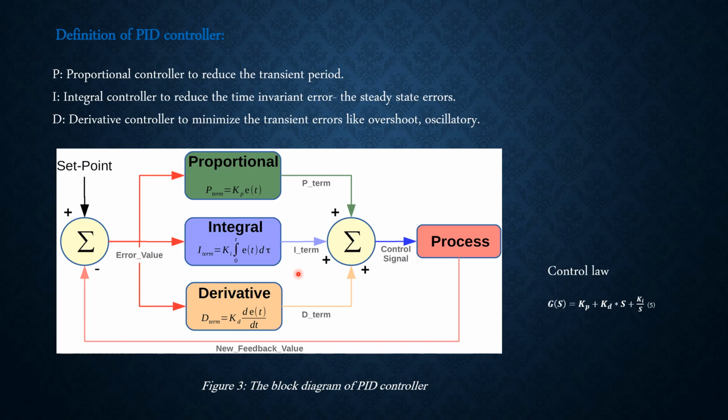PID controllers are widely used in various fields, from temperature control in ovens to speed control in motors. Here we have the control law, which we can see here, and this control law is used at various points when designing a control system.